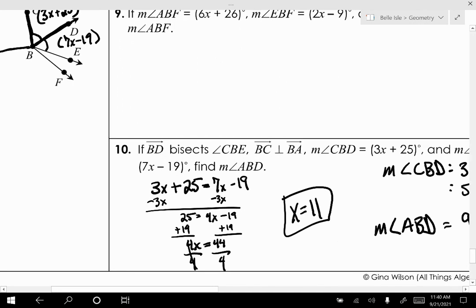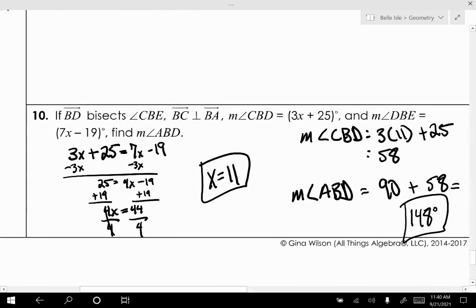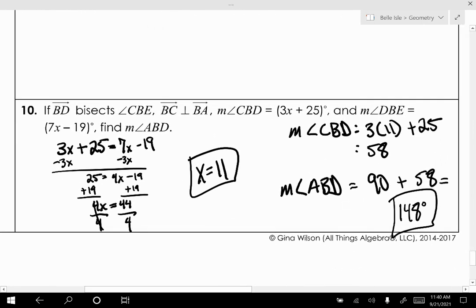That should give us x equals 11. Are we good up to that point? Okay. Now, the measure of angle CBD is 3x plus 25. So we plug x in as what? 11.